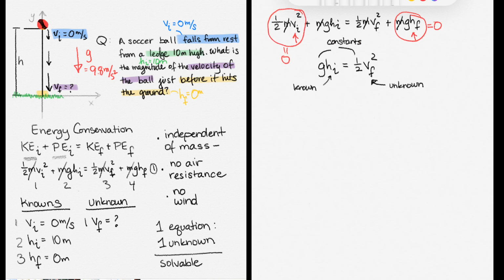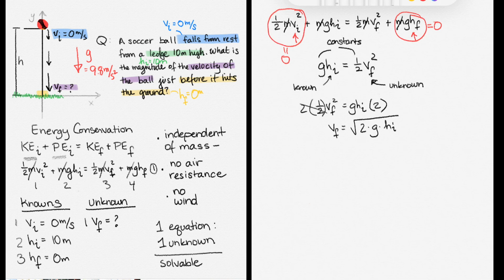It's customary to put the unknown on the left side, so I'm going to rewrite this equation. All right, and now I'm going to isolate v sub f by moving the 1/2 over to the other side, by multiplying both sides of the equation by 2, and taking the square root. So we have v sub f equals the square root of 2 times g times h sub i.